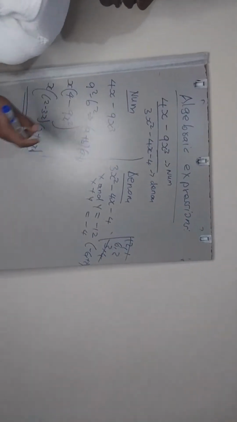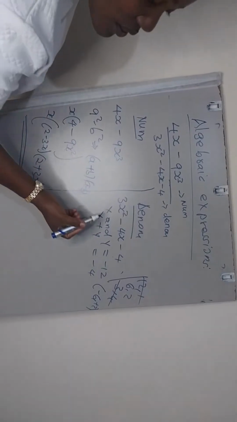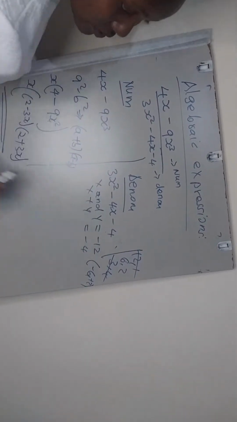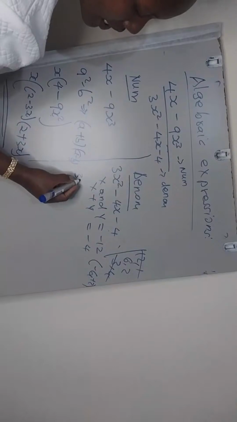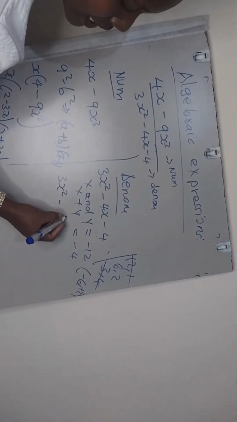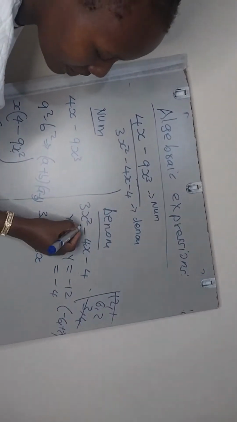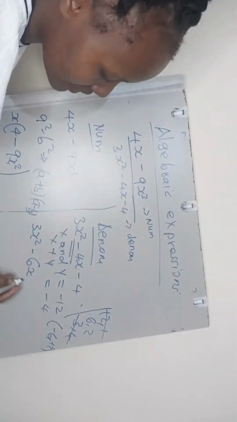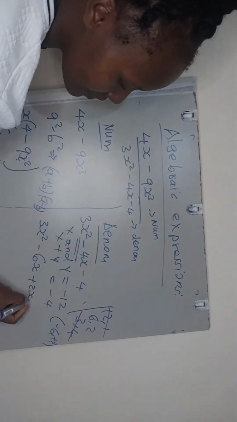Why are we finding these numbers? You will replace the minus 4x with the 2 numbers. So we write 3x squared minus 6x plus 2x minus 4.